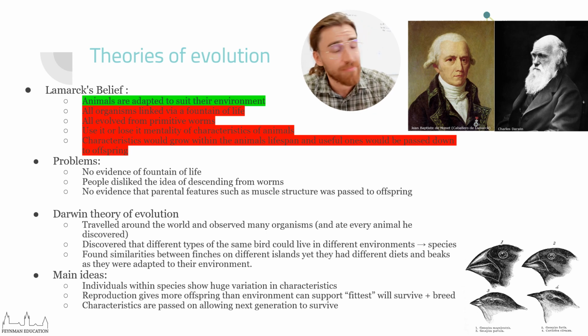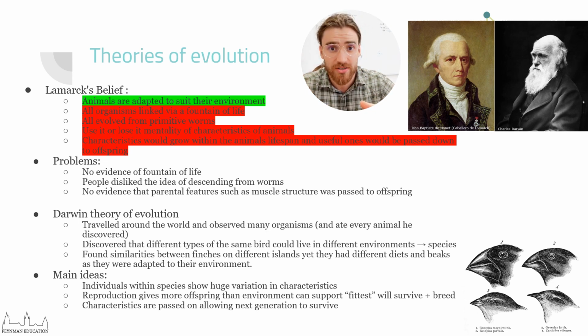This was obviously never found, and people back in the day didn't like being compared to worms, let alone being told that humans came from worms. The biggest theory that Lamarck had that was realized to be incorrect was that animals adapted to their environment in their lifetime, and then they passed those adaptations onto their offspring.